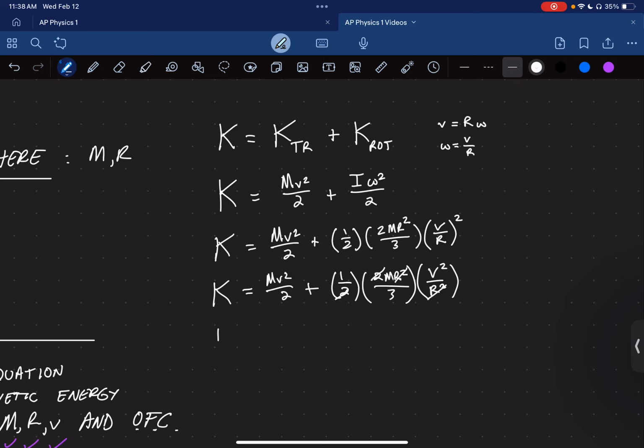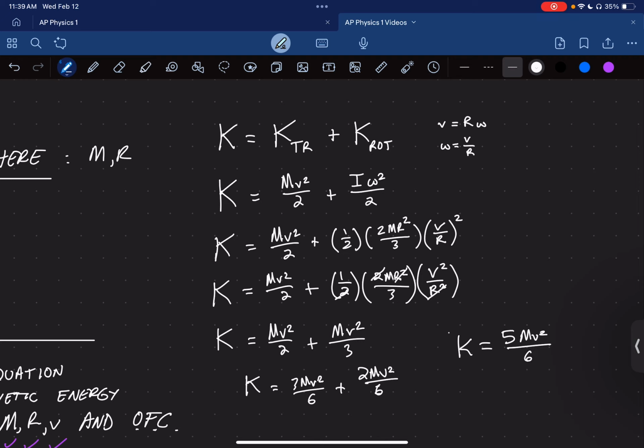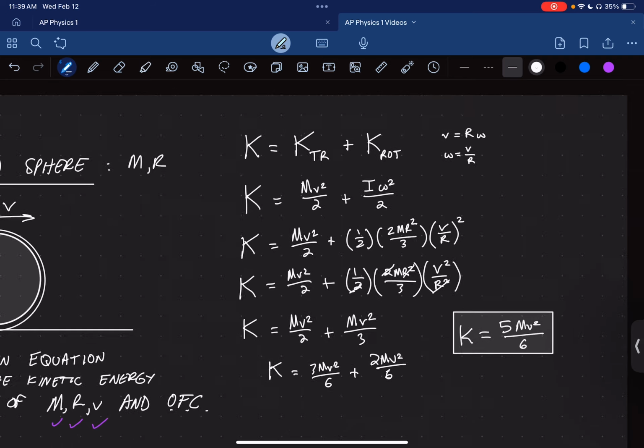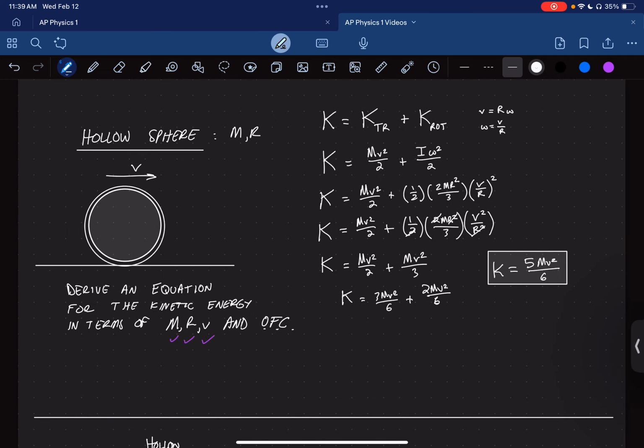And so this would be 3 mv squared over 6 plus 2 mv squared over 6, which of course is 5 mv squared over 6. And that is our equation for the kinetic energy of a hollow sphere.